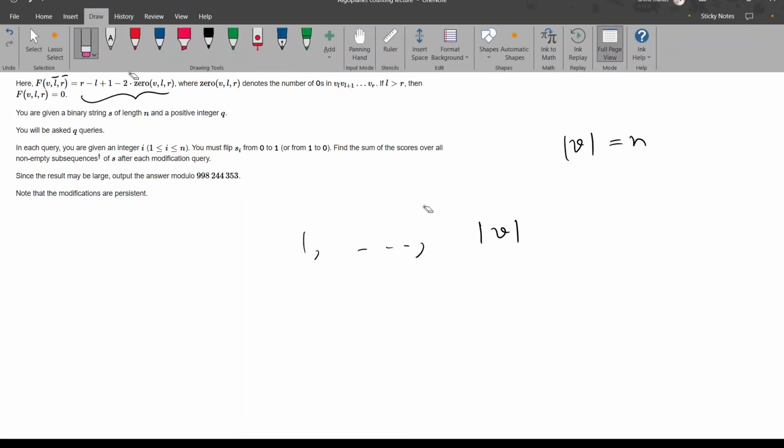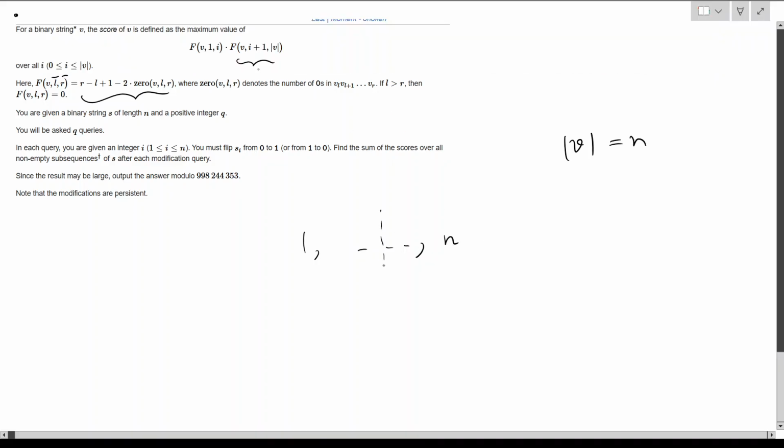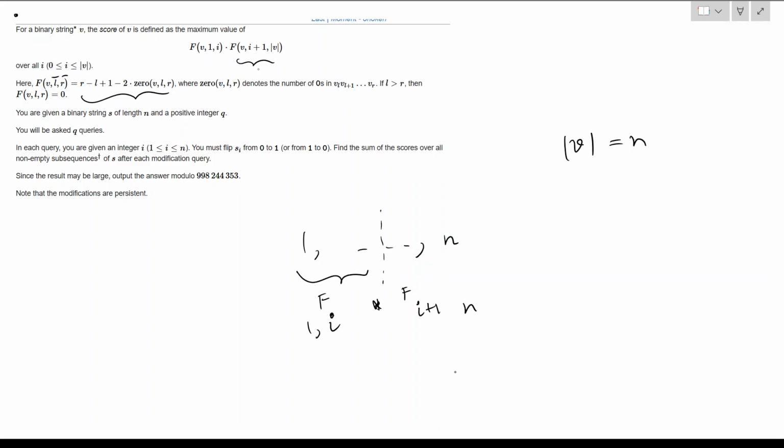And now all we want to do is cut this into two parts such that the f value of 1 to I multiplied with the f value of I plus 1 to n is as large as possible. So we want to maximize this.